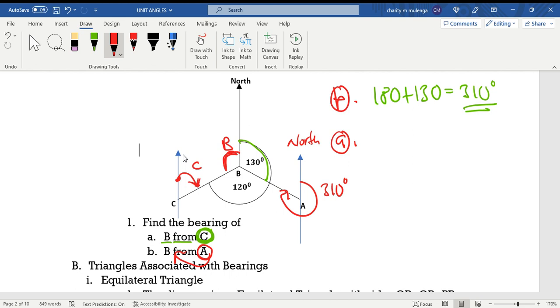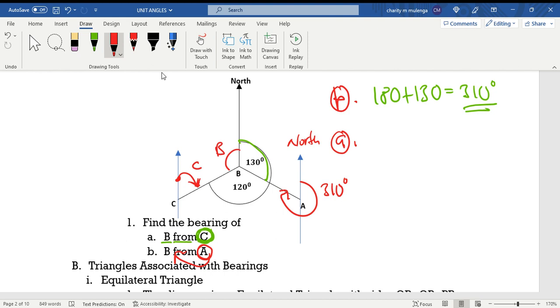That's how it is. Now you're going to realize that B, 120 and 130, they all add up to 360 because they are forming a full circle. Are you seeing that? Let me show you like this. So they're forming a full circle. So we have to find that angle first, the one in red, the angle at B. So how do we find that angle?